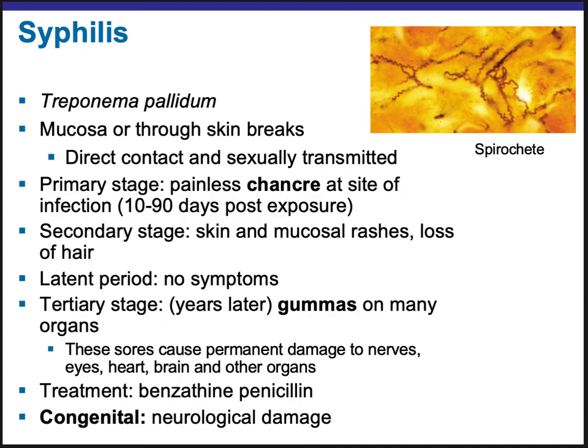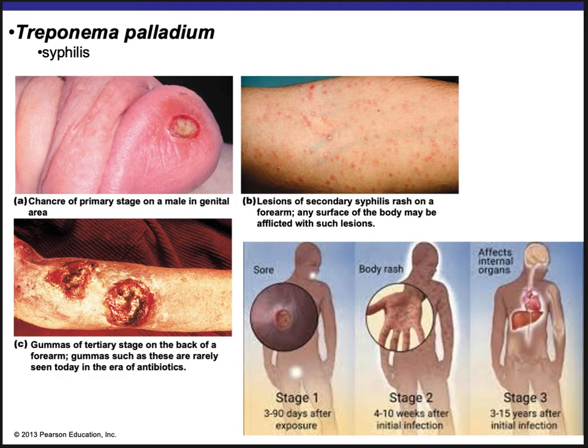And then finally you get this reappearance of sores, but now these are internal sores developing on the organs, and that's going to leave permanent damage. It can be fatal, and it can be very, very debilitating. And you can also transfer this from mother to child. So congenital serious neurological damage is the main concern there.